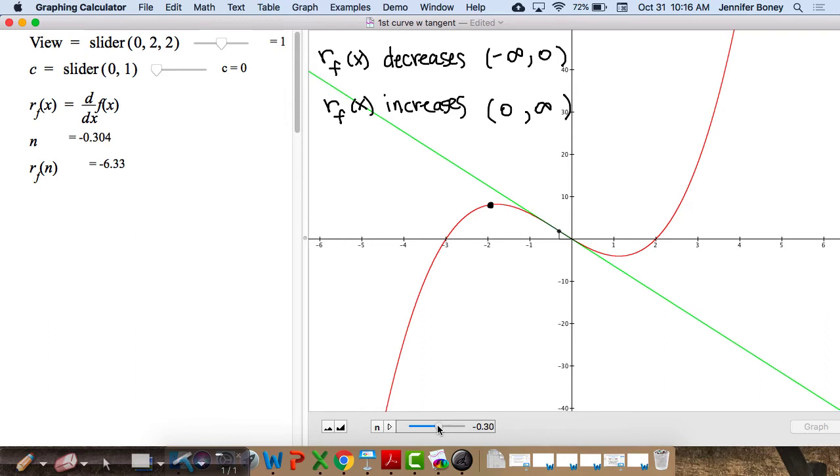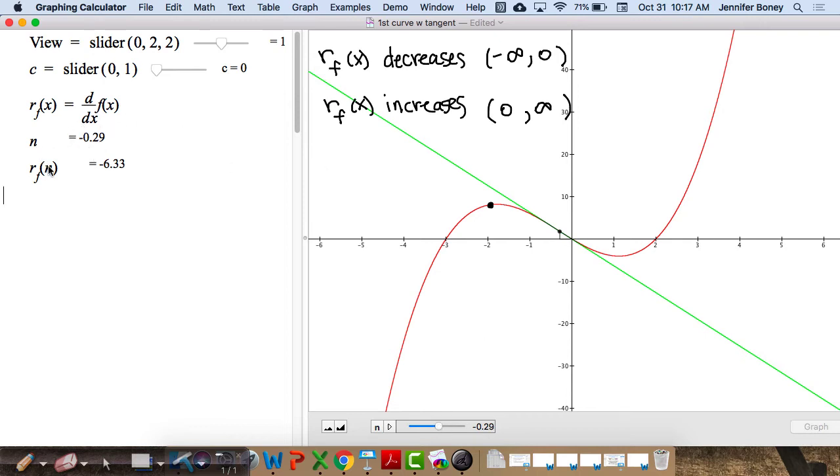Negative 6.33. So it seems like a rate of negative 6.33 was the most negative that we got. And that happens when x is just a little bit to the left of 0.